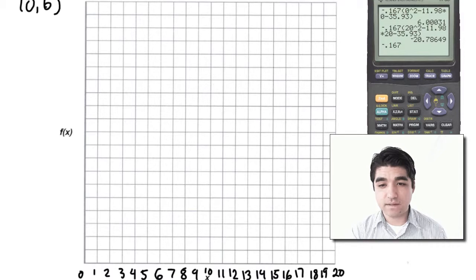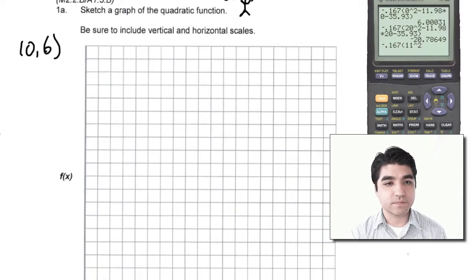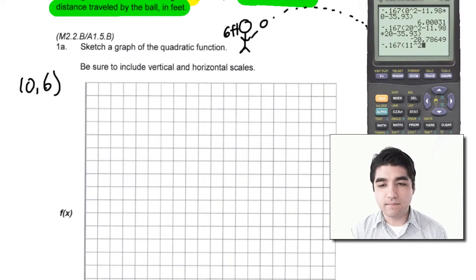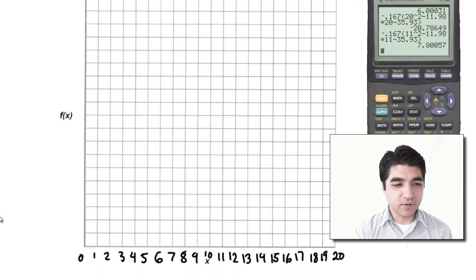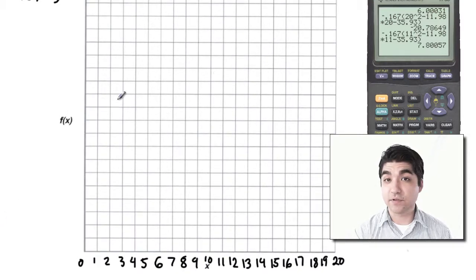Oh, I used 11, but good enough. 11 squared, minus 11.98 times 11, minus 35.93, equals 7.8. So it doesn't go very high vertically either.